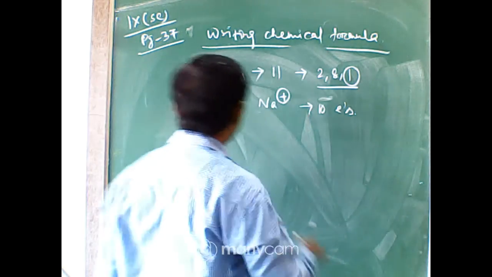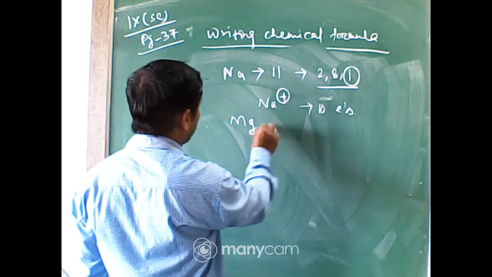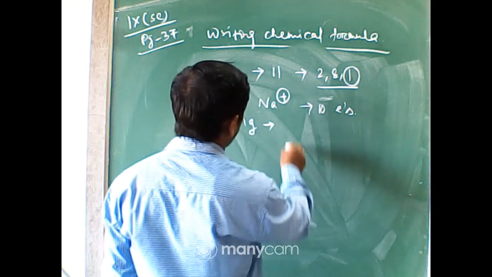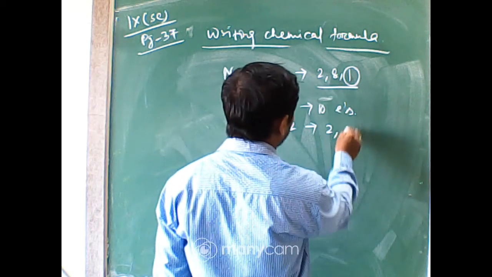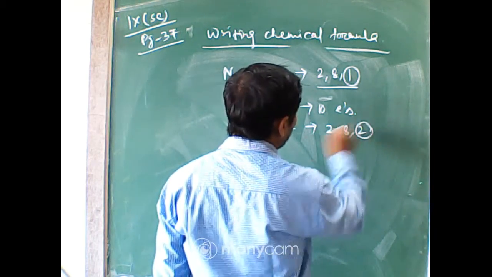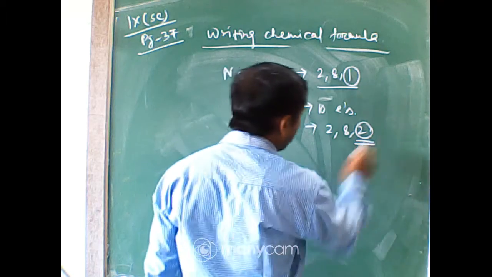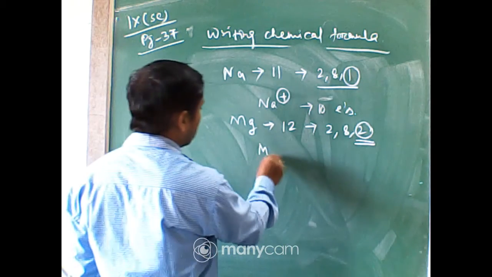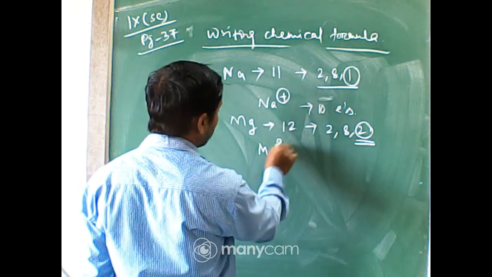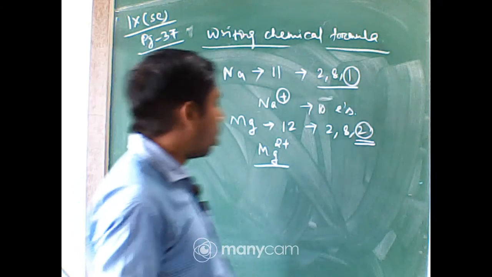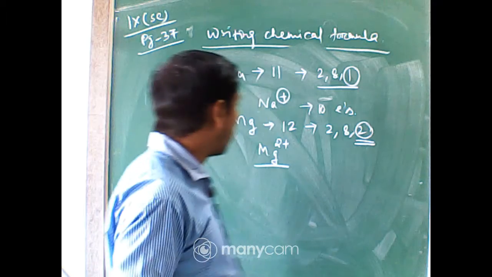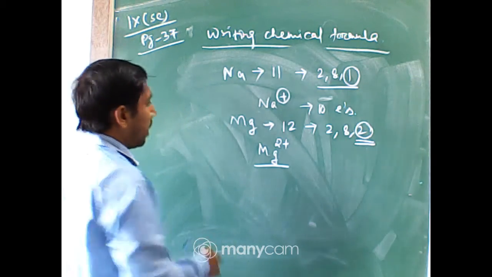Another one is magnesium. The atomic number is 12 here, and if we distribute the electrons, it is 2, 8, 2. So, the last shell contains 2 electrons. So, magnesium forms a stable positive charge of 2 plus.